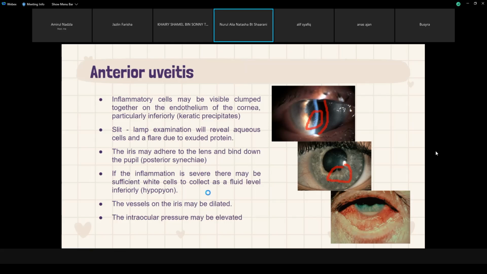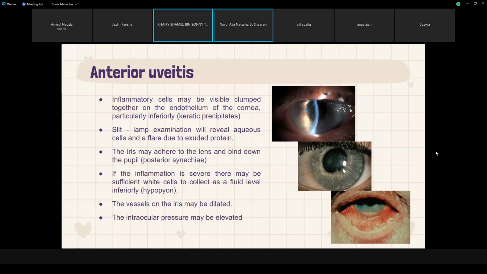So next is for hypopion. Hypopion is the inflammation. Can you see my mouse? Wait. Tak ada eh? Can you see my mouse? My mouse is pointing at the 5 and 6 o'clock.